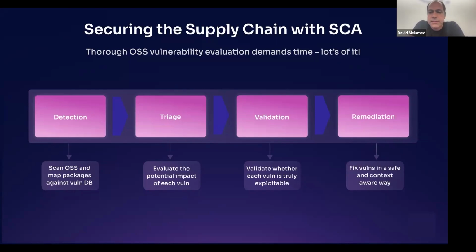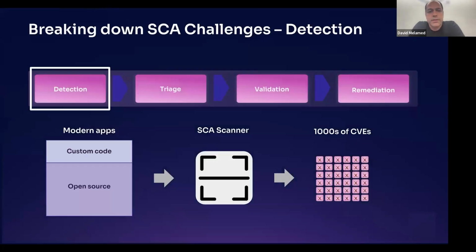The detection is the first phase. This is the phase where you scan all your open source packages, and you try to find if there's anything that is impacting your environment. The detection is the first phase where you have your scanner, and usually it can generate thousands of CVEs.